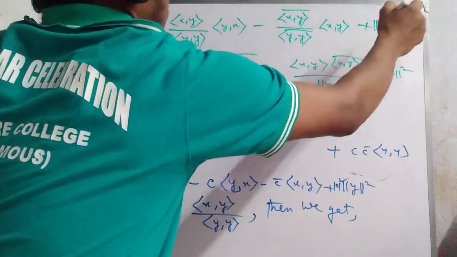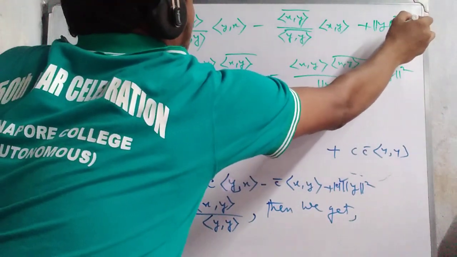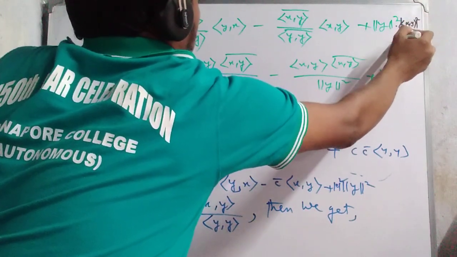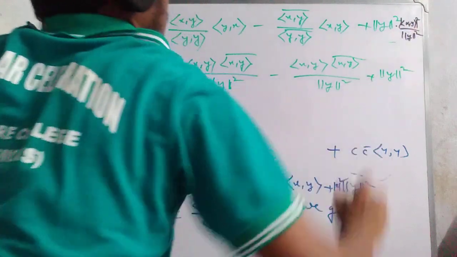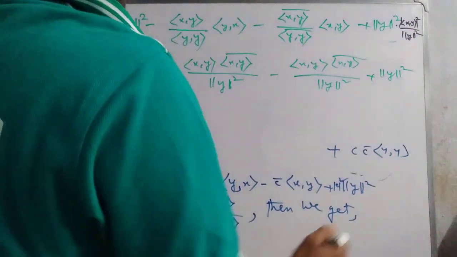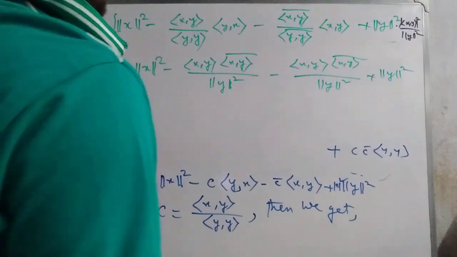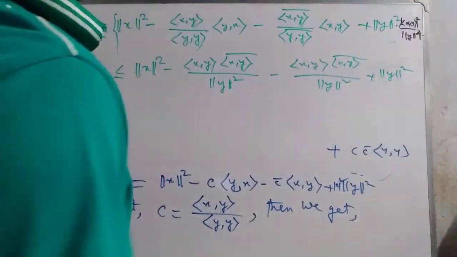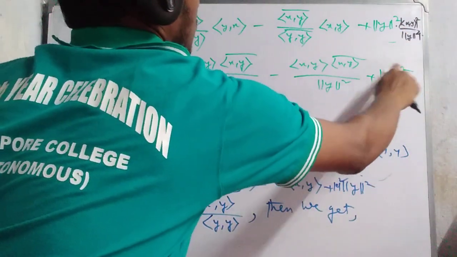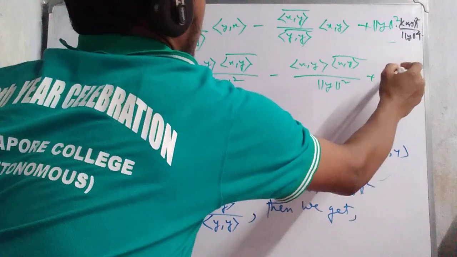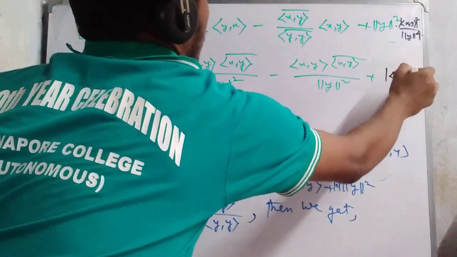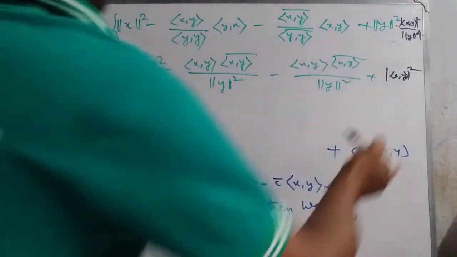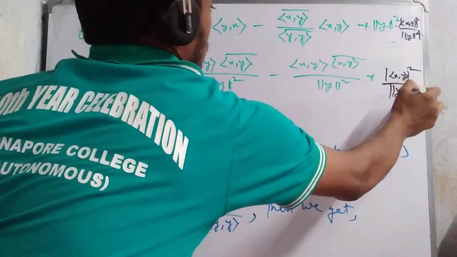We get the modulus of (x, y) squared divided by norm of y squared, over norm of y to the power 4, and then this cancels, and we write here modulus (x, y) squared by norm of y squared.